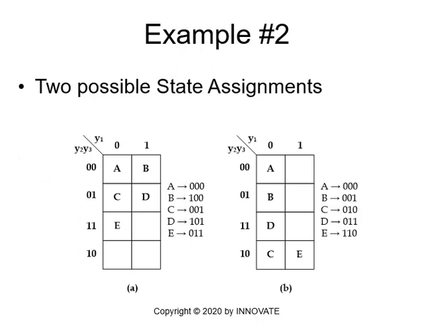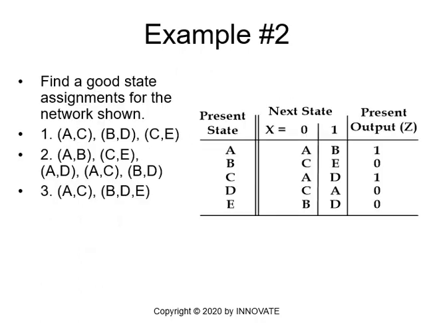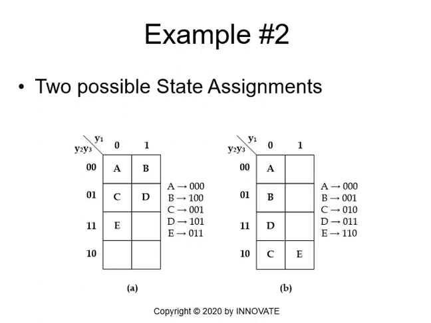And BD is met. So we have a lot of matches with this state assignment, and we come up with A 000, B 100, C 001, D 101, and E 011.